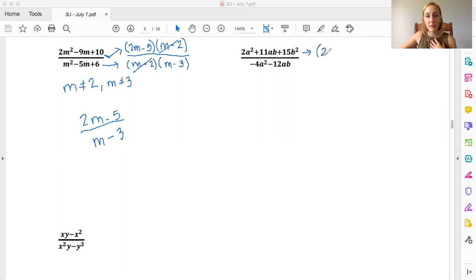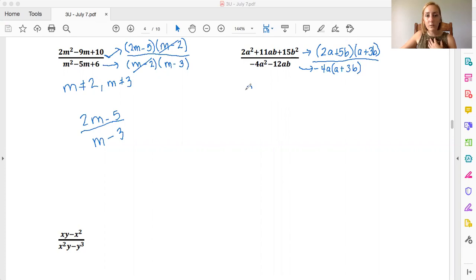Factored together, that gives you 2a plus 5b and a plus 3b. I'm hopeful that you guys know how to do that part. And then the denominator is quite simply just common factors. They have the common factor of negative 4a. So we're left with an a plus 3b.